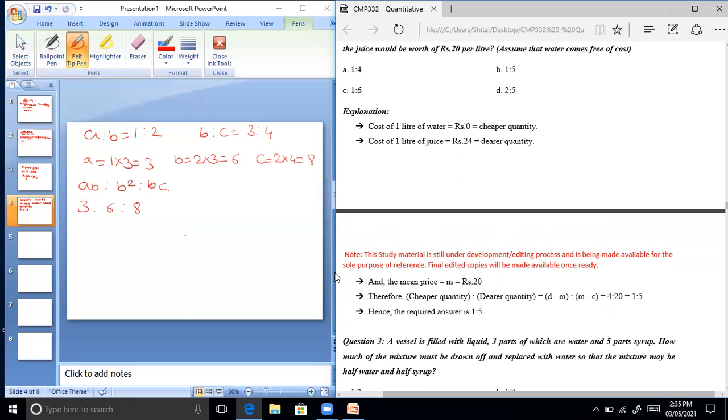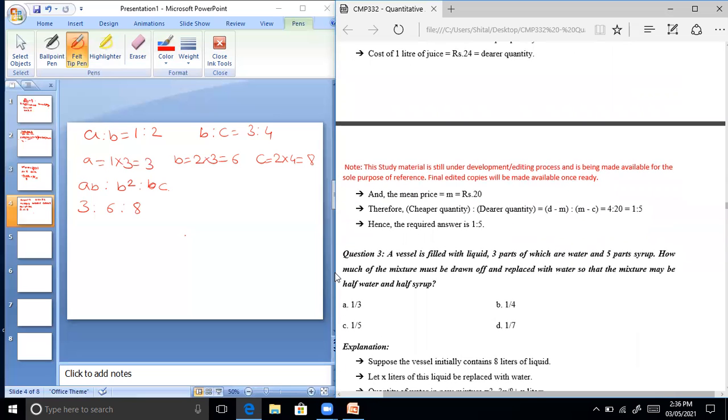And the mean price is 20 rupees. Therefore, cheaper quantity by dearer quantity, that is D minus M and M minus C, that is 4:20 equals 1:5. The required answer is 1:5.